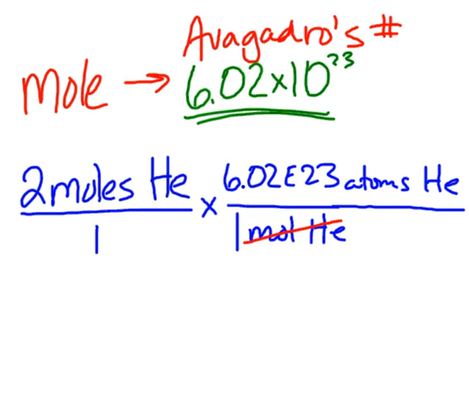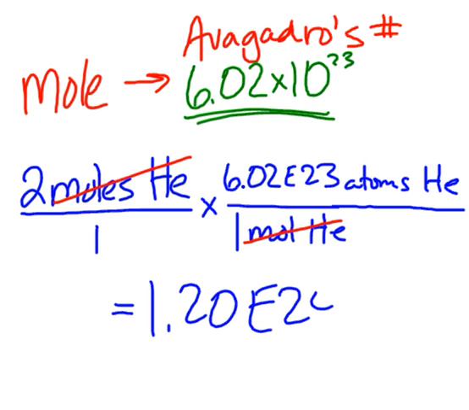If I wanted to find out how many atoms of helium are in 2 moles of helium, I would just multiply 6.02 times 10 to the 23rd times 2, and I would get 1.20 times 10 to the 24th atoms. Now, in this case, I'm ignoring sig figs just because I forgot to make this 2.00.